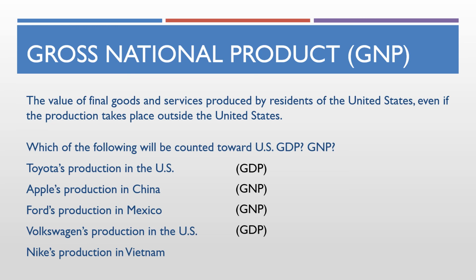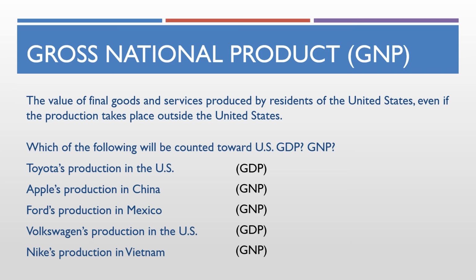Nike production taking place in Vietnam. Again, Nike is a US citizen-owned company. Since the production does not take place in the US, it cannot count towards the GDP of the US. But because Nike is owned by US citizens, the production will count towards GNP.